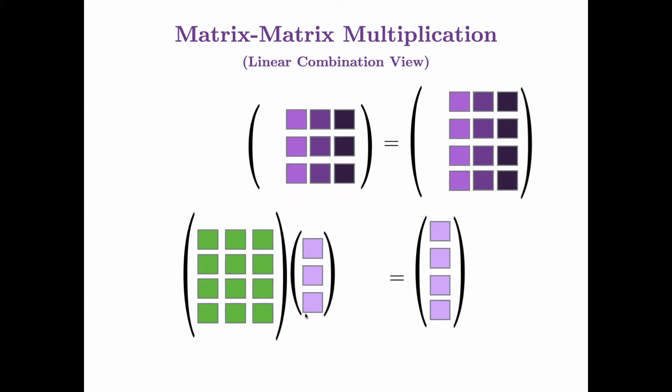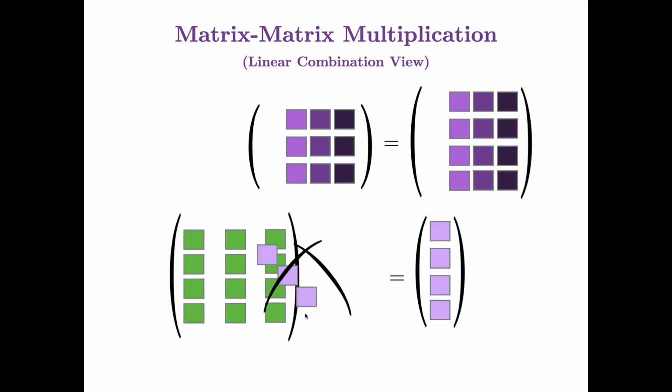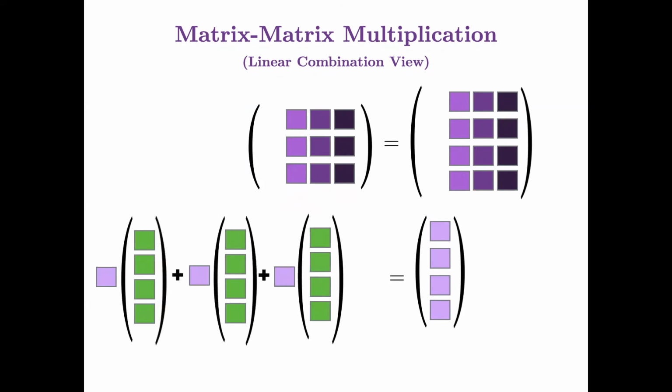Now, in light of what we have learned before, this means that the first column of the result is a linear combination of the columns of A, which is the first matrix, with coefficients coming from the first column of B.